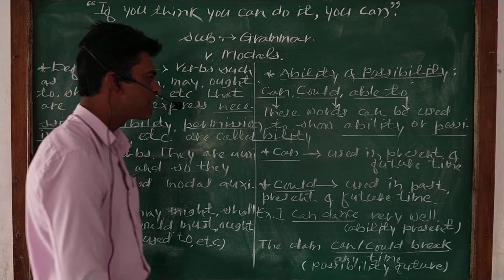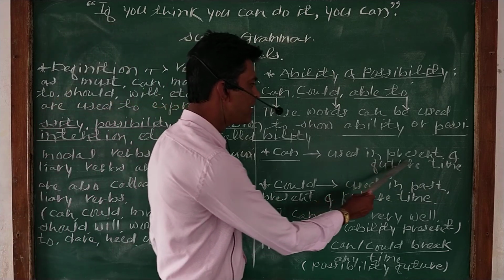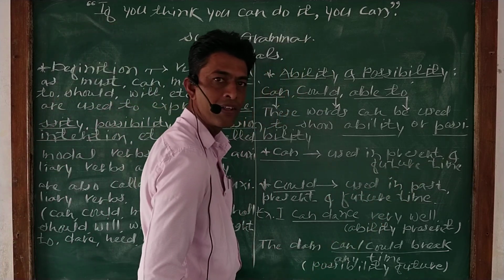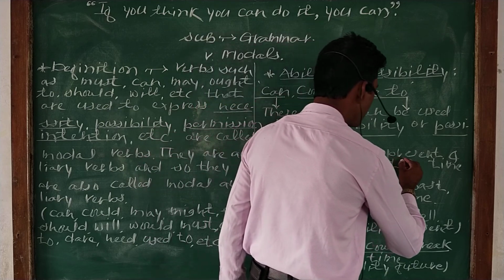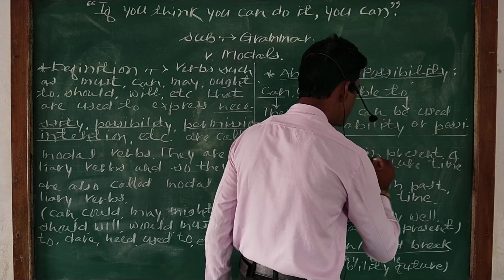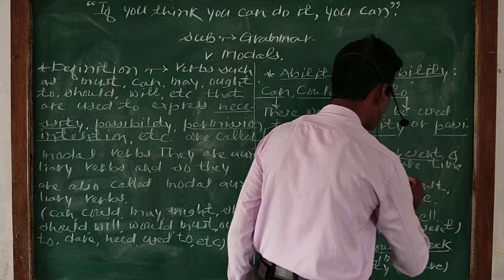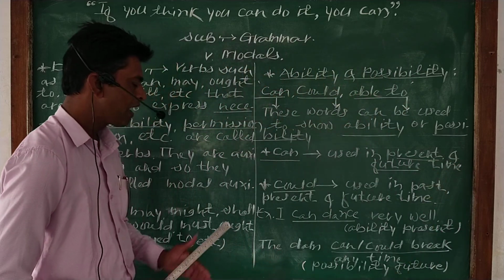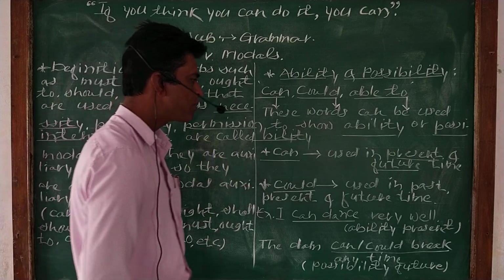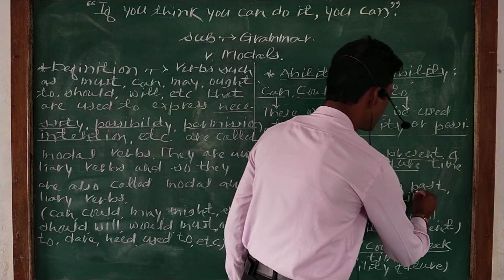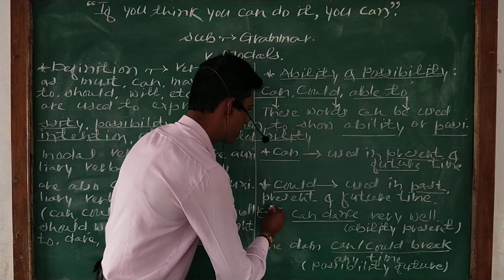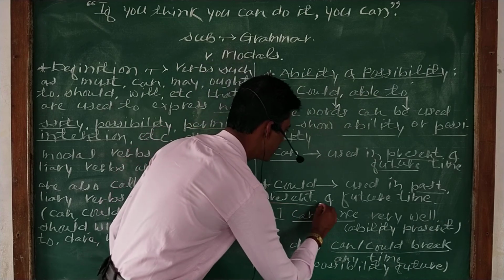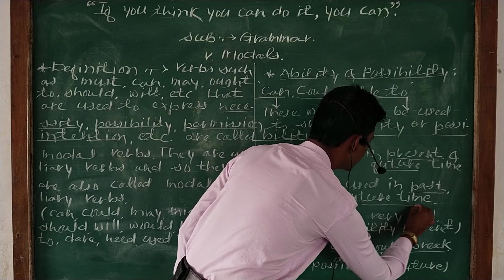The very first, can. Can is used in present and future time. The first modal verb, can, can be used in present as well as in future time. At the same time, could is used in past, present, even future time.